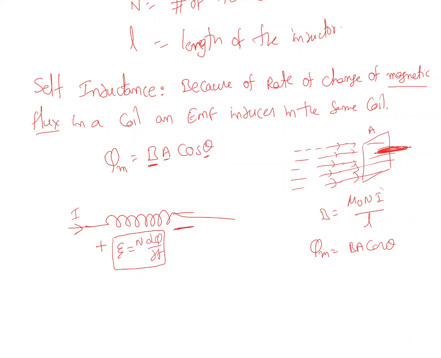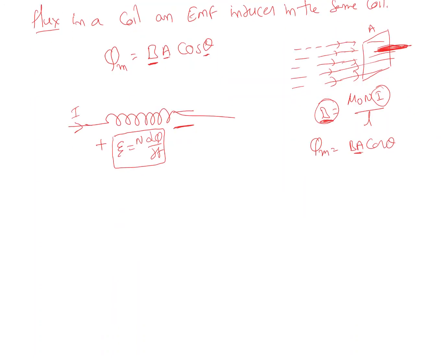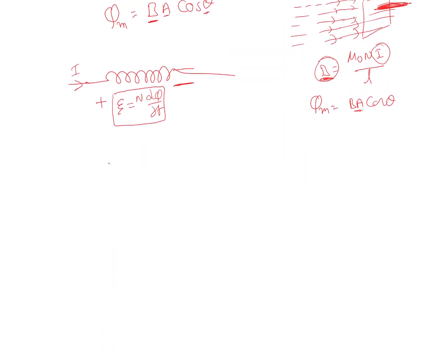Whenever there is a rate of change of magnetic flux, an EMF is induced across this coil. That's called self-inductance.